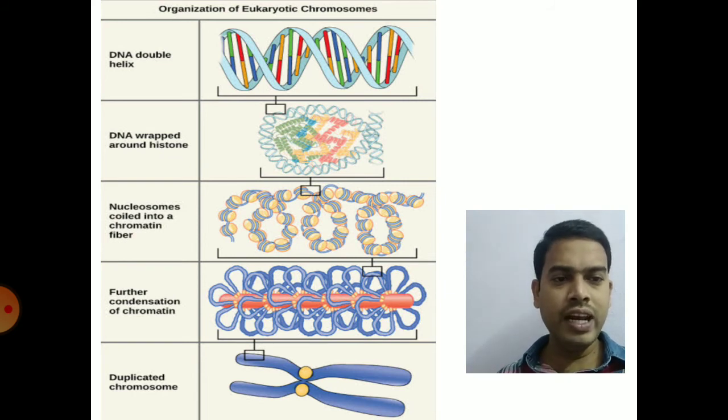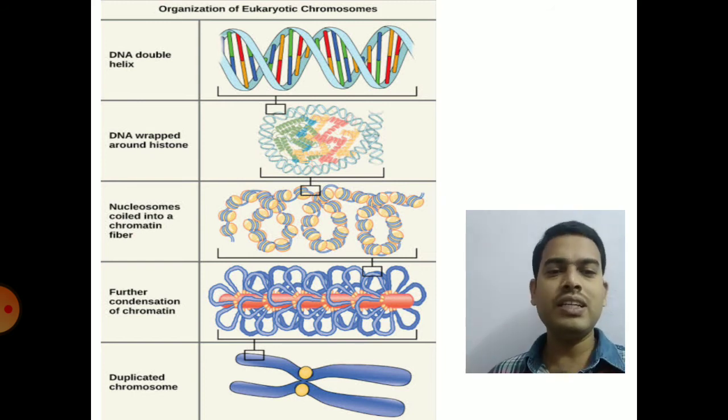The DNA is tightly wrapped and compacted around the histones to form a chromosome. You can see the chromosome here with 4 arms. This is a duplicated chromosome. In general, the chromosome will have only 2 arms. Here in the diagram, it is shown with 4 arms since it is a duplicated chromosome. So this is the overview of eukaryotic chromosome organization.